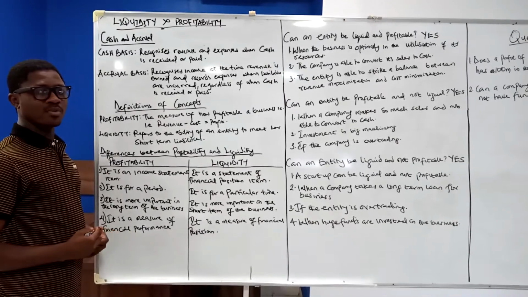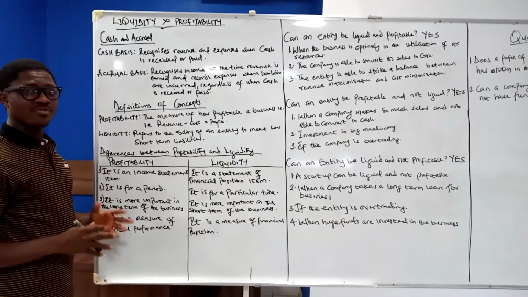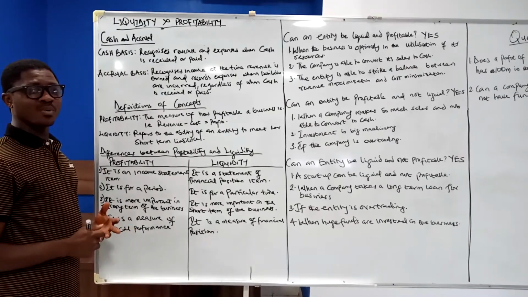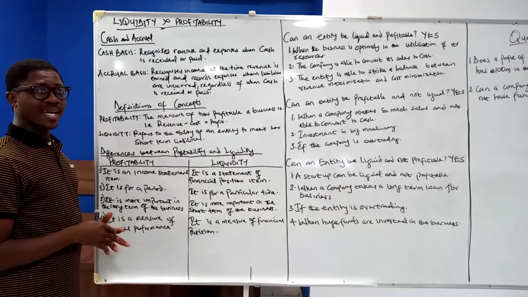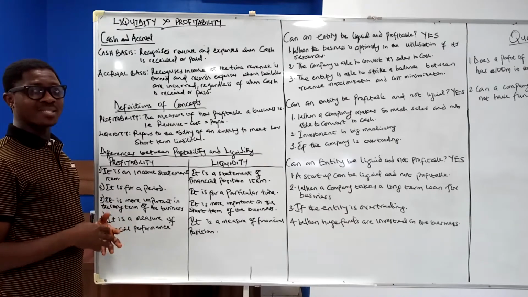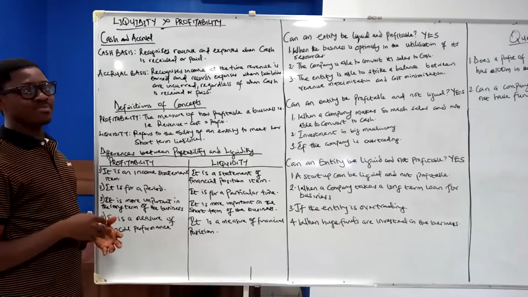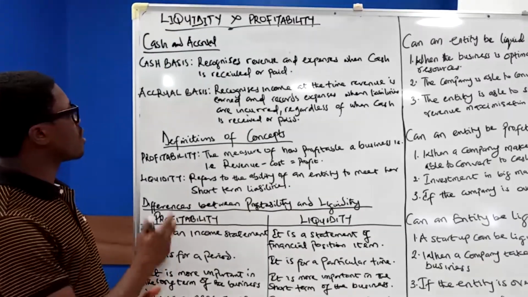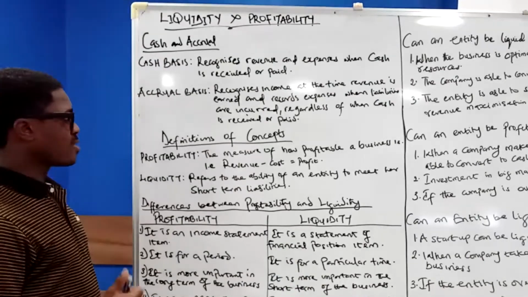In this episode, we'll be looking at the relationship between liquidity and profitability. We're answering three major questions. Number one, can an entity be liquid and profitable? Question two, can an entity be liquid and not profitable? And question number three, can an entity be profitable and not liquid? But before answering these three questions, we'll be looking at cash and accrual basis.